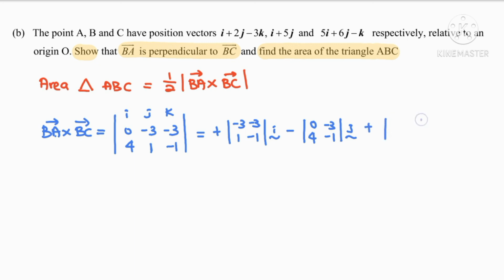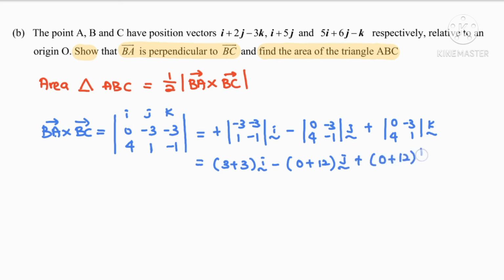Now we take the elements in the first and second column. So let us find the determinant by using the formula ad minus bc. We have 3 plus 3 i, minus 0 plus 12 j, plus 0 plus 12 k. So we get the vector 6i minus 12j plus 12k.